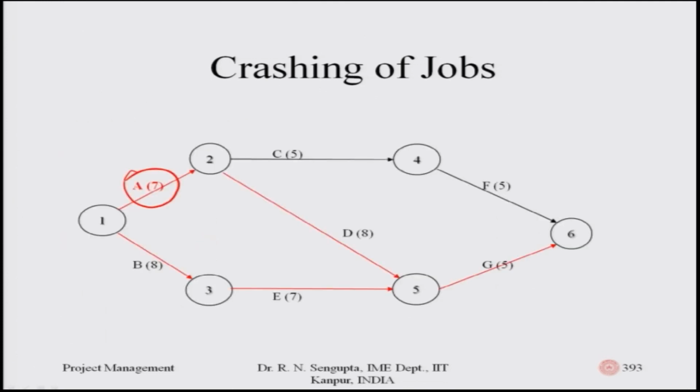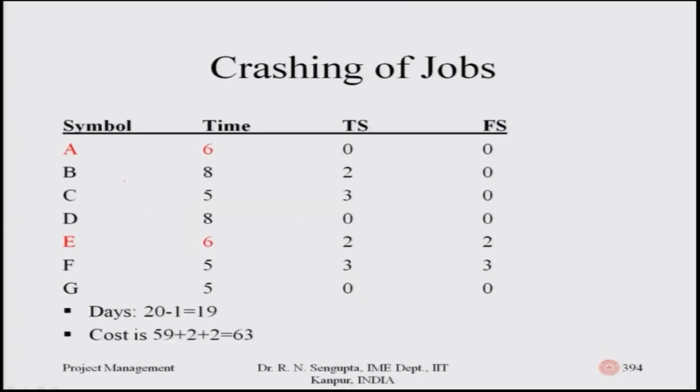So, the total duration, and the reduction in the number of days which is happening, was earlier 20, now it is reducing by 1 unit and becoming 19. Point 1. Point number 2, the cost was 59.